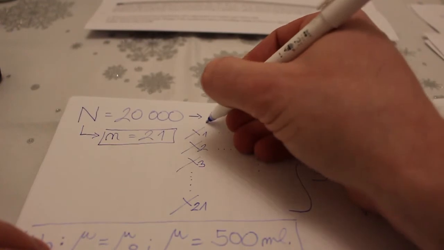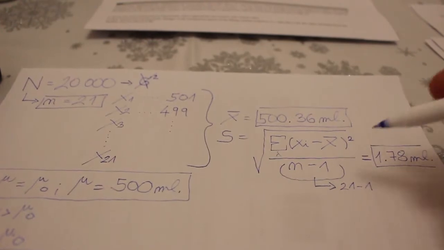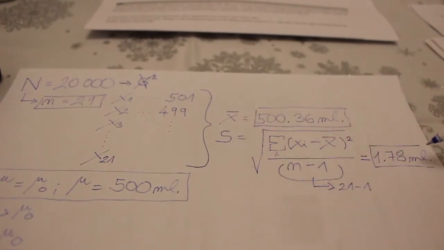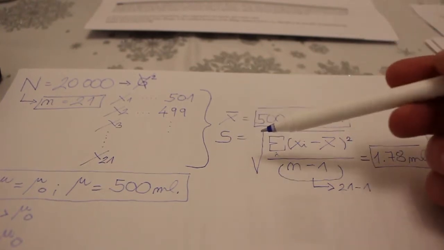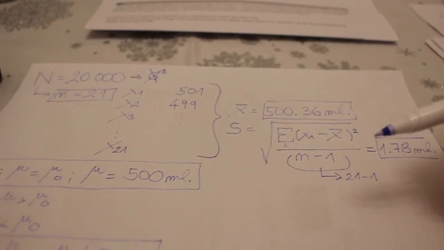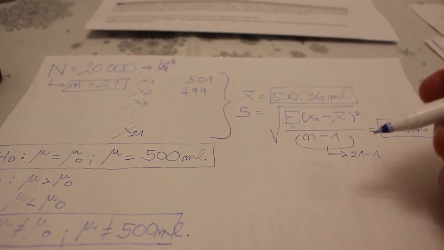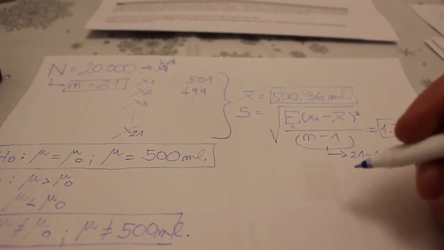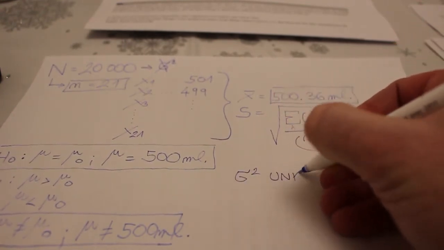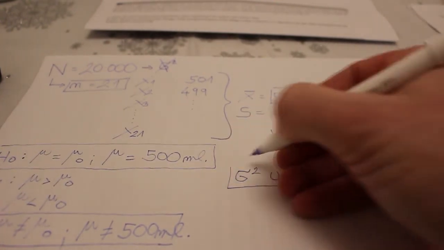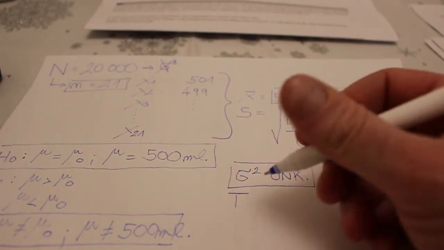So this variance, this sigma squared, is unknown, and I have only the calculated value of the standard deviation. It means s squared is the calculated value of the variance. Because of this, I must use the test statistic for sigma squared unknown. For this situation, the Student t-test is designed.